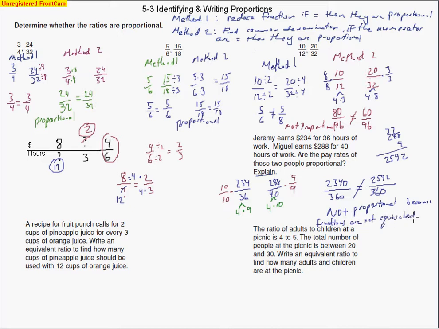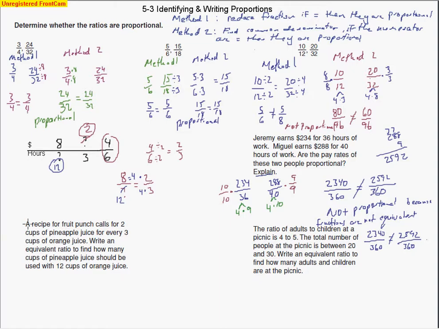And then I can state that 2,340 over 360 is not equal to 2,592 over 360. So this would be my reasoning here, because it does ask us to explain, and they're going to want us to use a complete sentence to explain that.